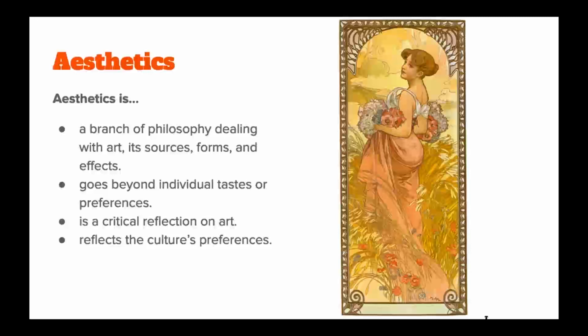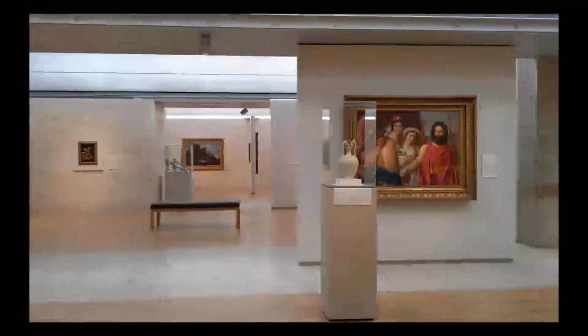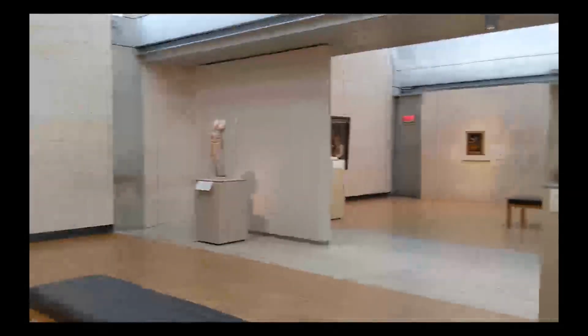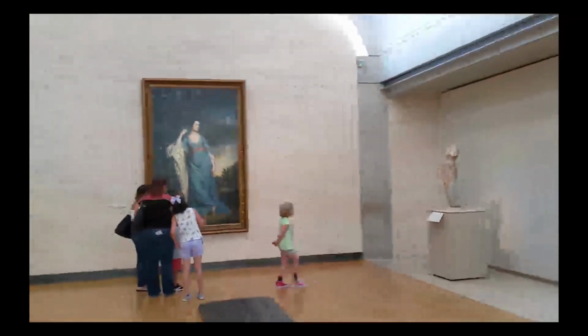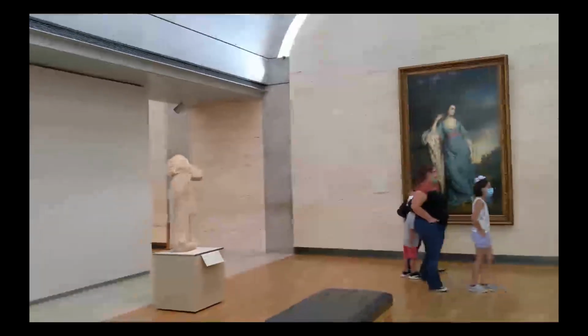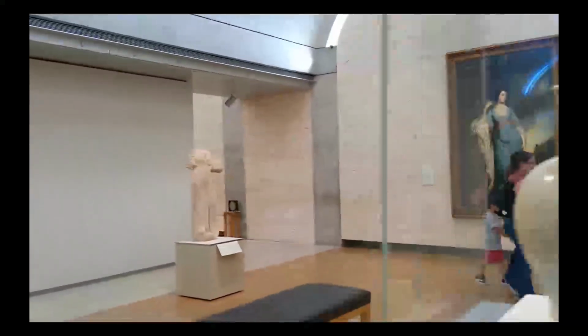Sometimes it goes beyond just individual tastes or preferences. It goes beyond just what something looks like and whether or not it looks good or bad through some arbitrary measure, but rather understanding why it looks the way it looks. And is it effective? It is also a critical reflection on art.